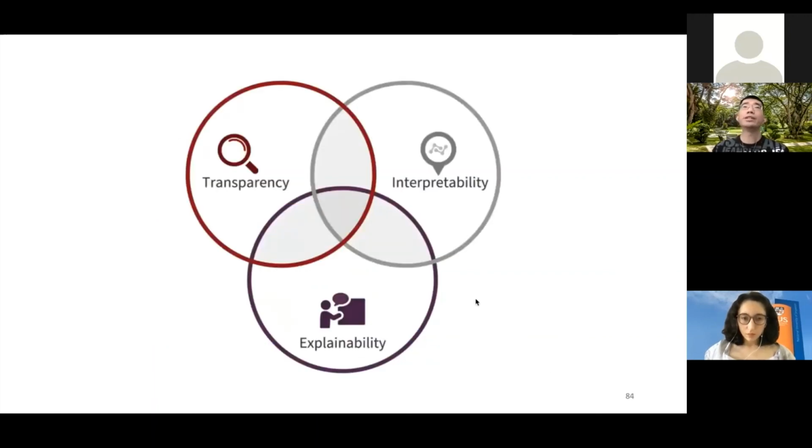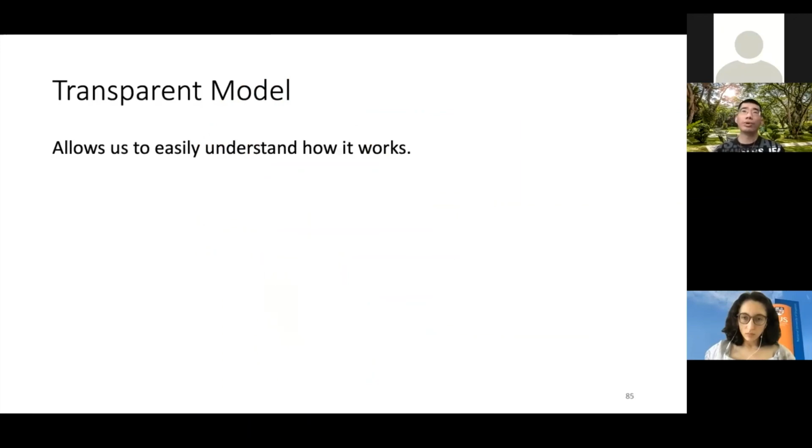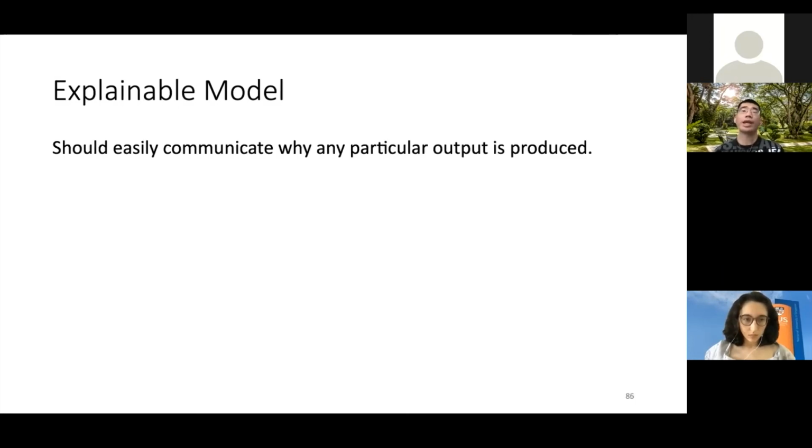And at this point, I also want to mention one terminology thing, which is that you will often hear various words being used that are related to the concept of interpretability, such as transparency, explainability, and inspectability. And these terms mean essentially what they sound like. So a model that is transparent should allow us to easily understand how it works, okay? And a model that is explainable should be able to easily communicate why any particular output is produced, okay?